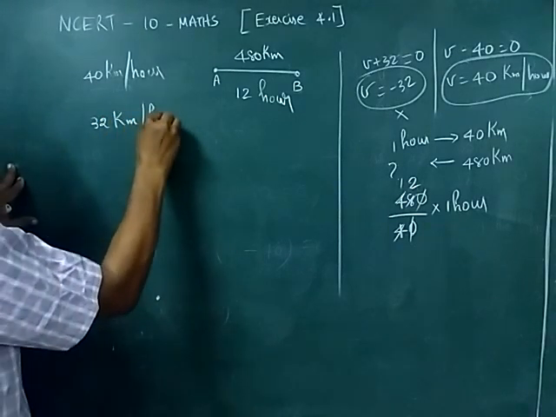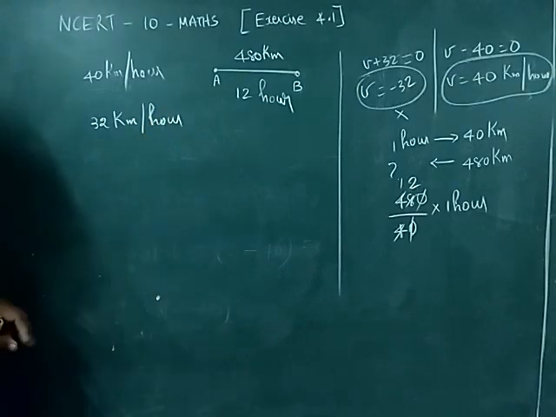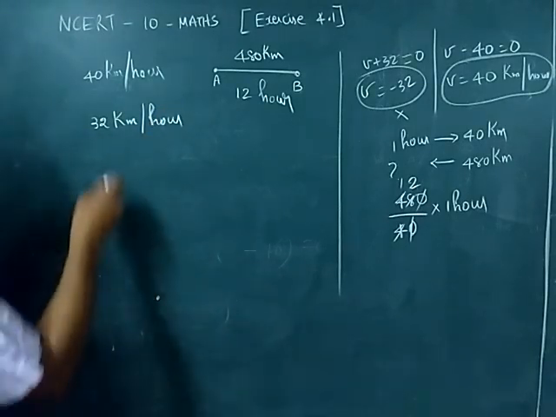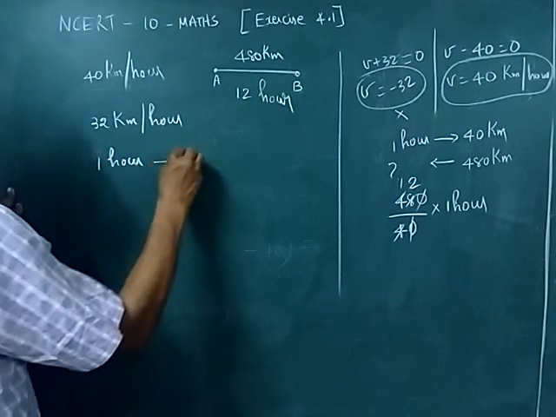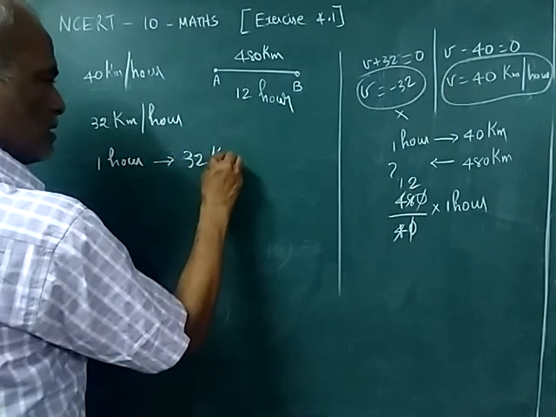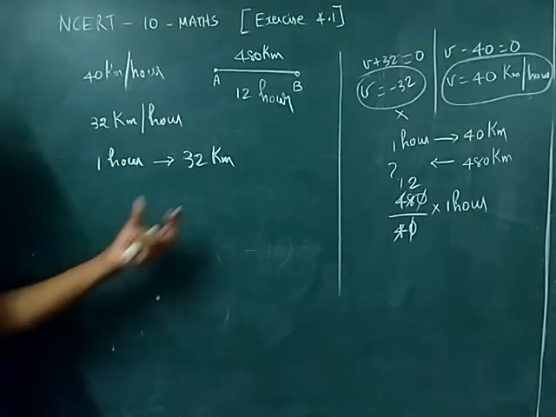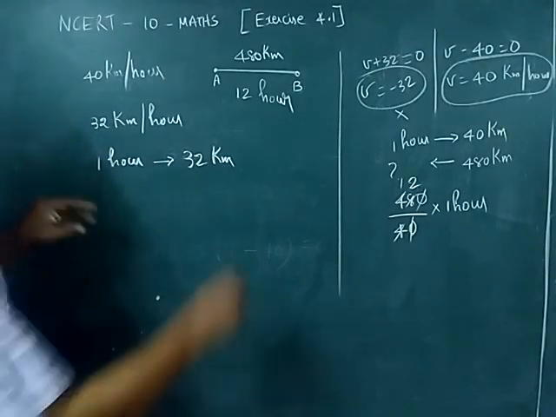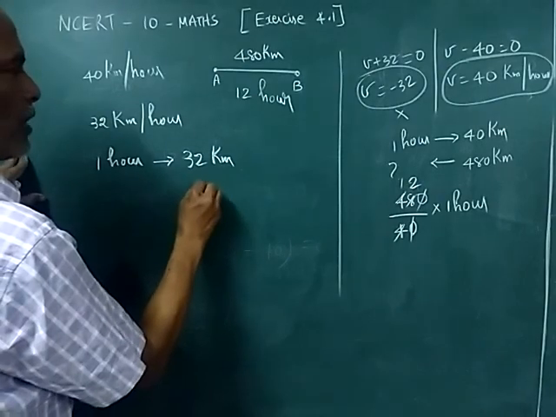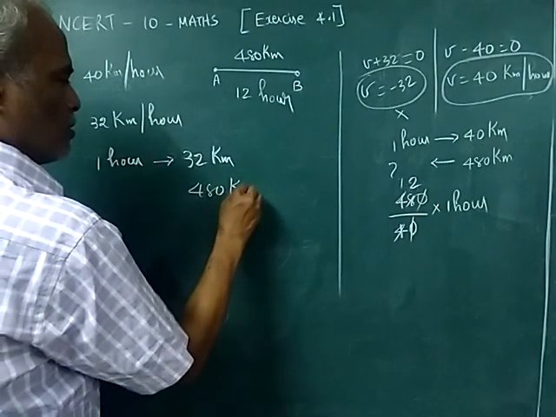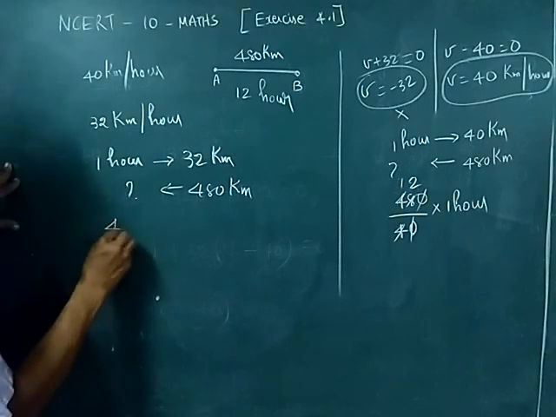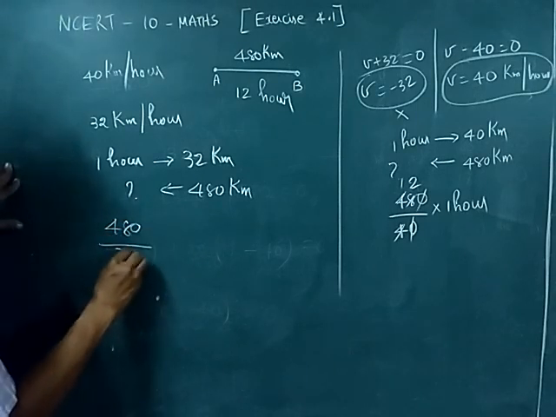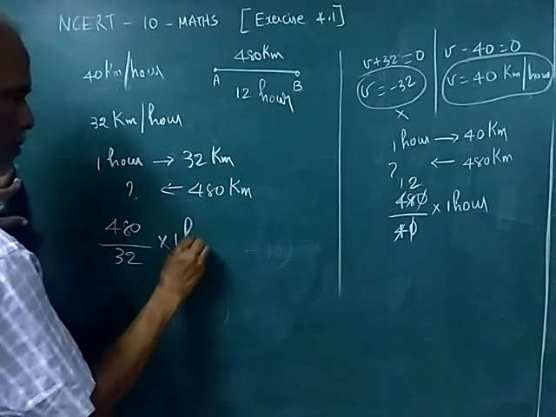Now the speed has been reduced. So what will be the time taken now? In 1 hour it covers a distance of 32 kilometers. Now we have the total distance as 480 kilometers, so the time taken is 480 by 32 into 1 hour.